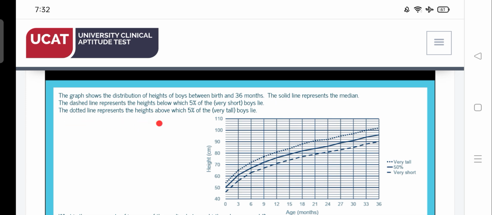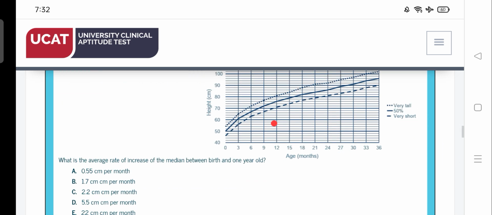The dotted line represents the height above which 5% of the very tall boys lie. So here the data is given in the form of a chart. But the question is: what is the average rate of increase of the median between birth and 1 year old?